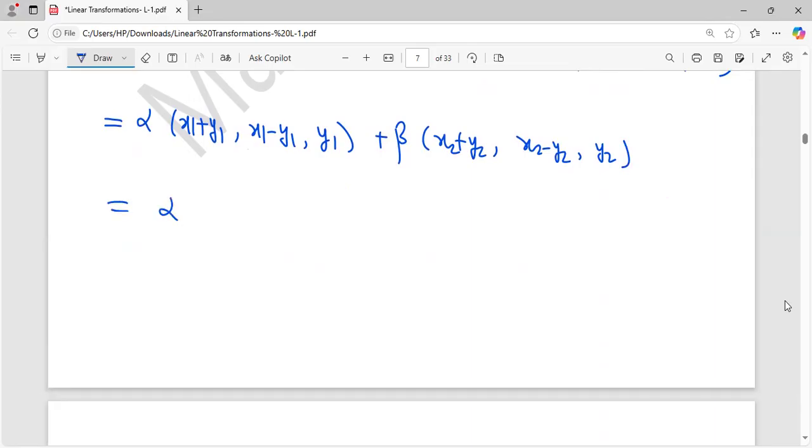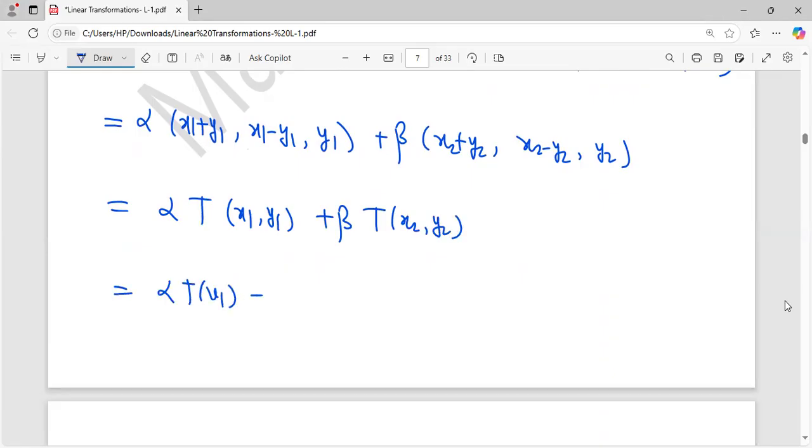So this is T(x1, y1), this is T(x2, y2). This is T v1, T v2.